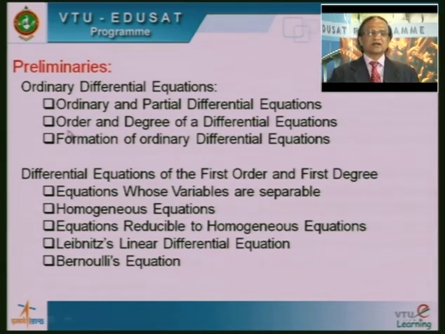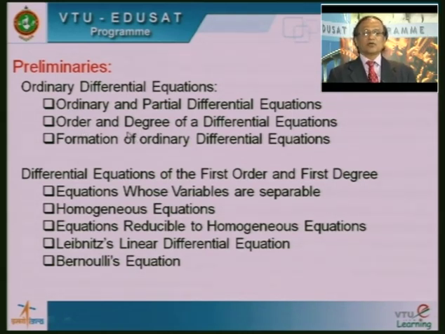As I have mentioned, if the highest derivative is d square y upon dx square, then you can say that it is a second order differential equation. Suppose our differential equation contains d cube y upon dx cube, then you can say that the order is 3. If the highest derivative is the nth derivative, d raised to n y upon dx raised to n, then it is an nth order differential equation.